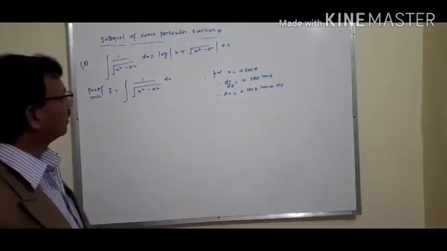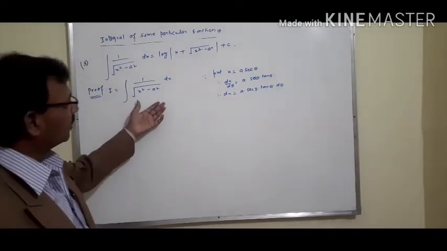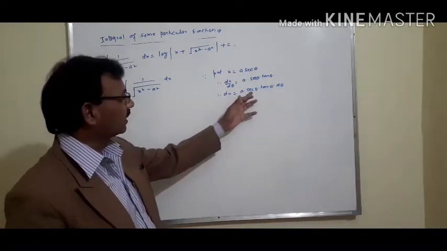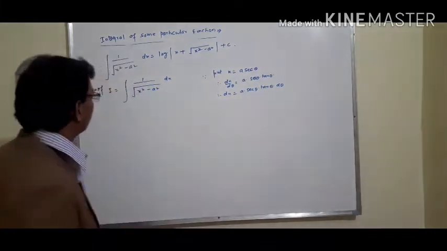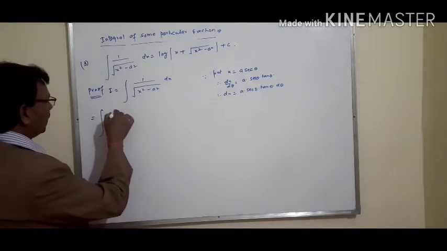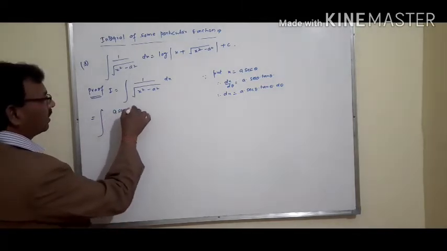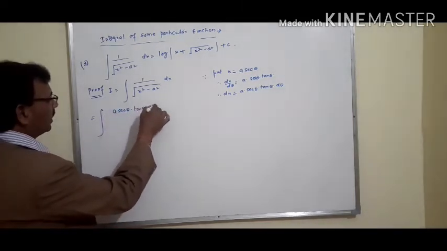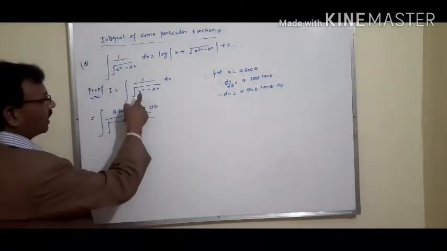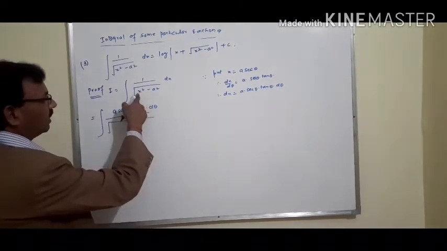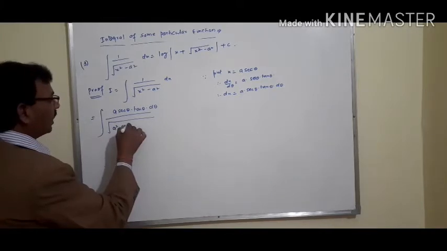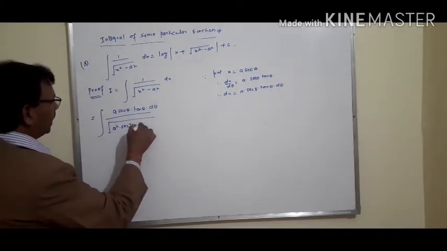Now in this function we replace x by a sec theta and dx by a sec theta into tan theta into d theta. So this function will become the integration of a into sec theta into tan theta into d theta whole upon root under a square into sec square theta minus a square.